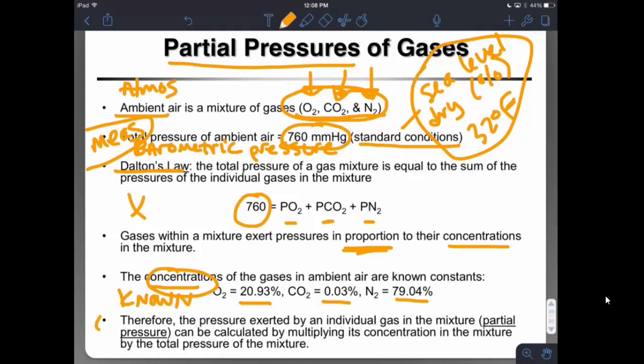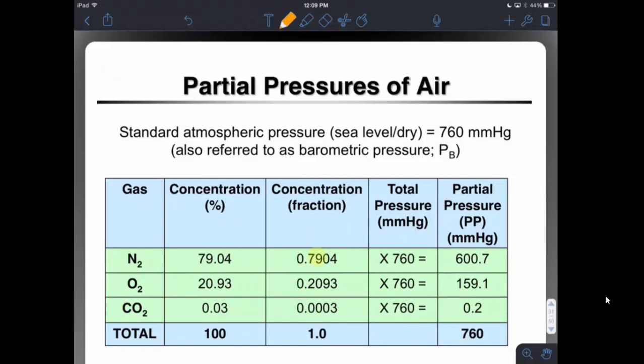So, the pressure exerted by an individual gas in the mixture, which we call partial pressure, PO2 is the partial pressure of oxygen, can be calculated by multiplying its concentration, which is known, by the total pressure, which we measure. Let me show you the example here.